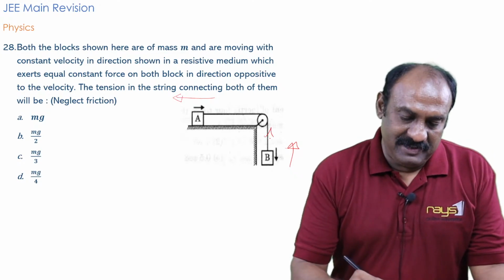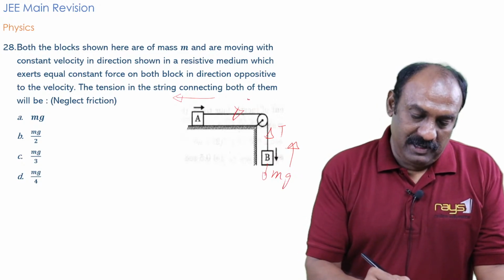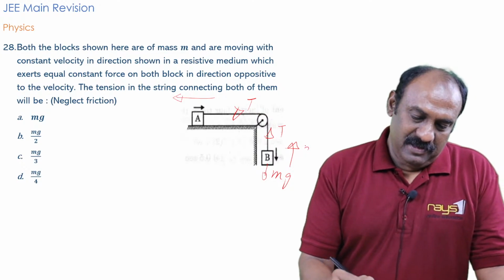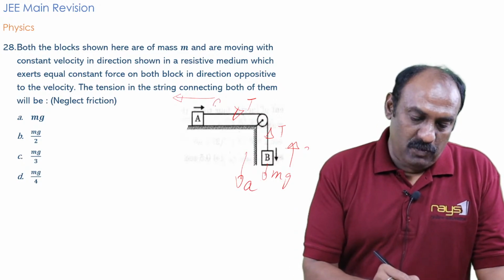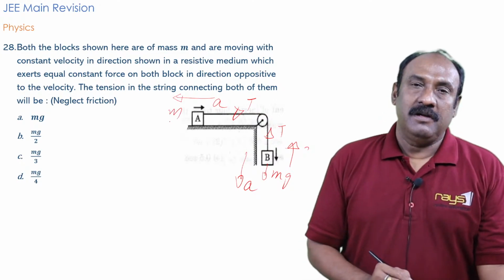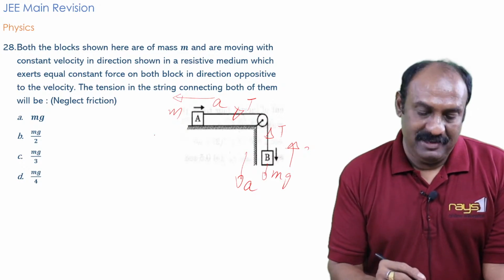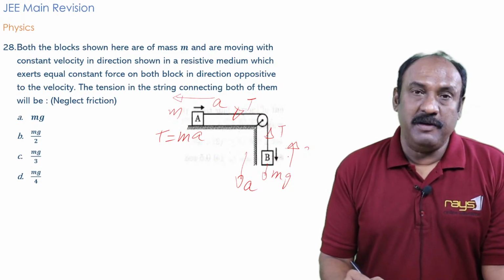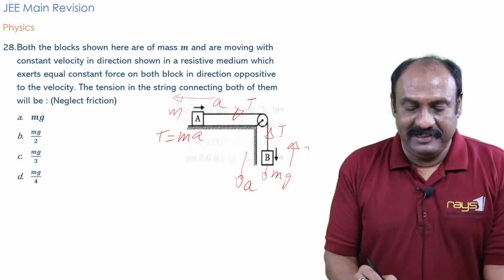Let the tension in the string be T. The weight of this block is mg. Here also it is T. Suppose this block moves down with an acceleration a, then this block moves horizontally on the surface with acceleration a, because the masses are the same. Now, according to the free body diagram of this block, the force acting on this block is T. So, T equal to ma. According to the free body diagram of this block, the force acting is mg in the downward direction and tension in the upward direction.